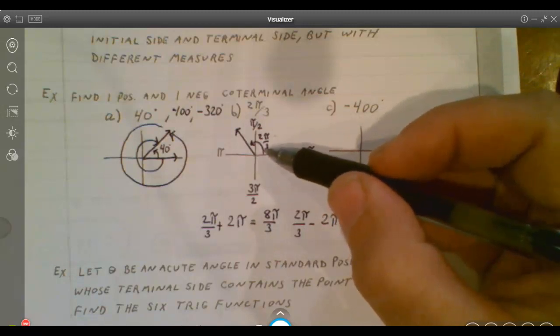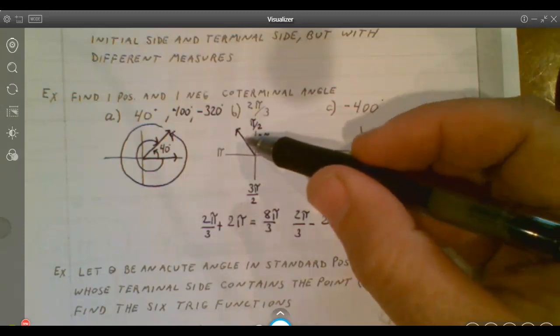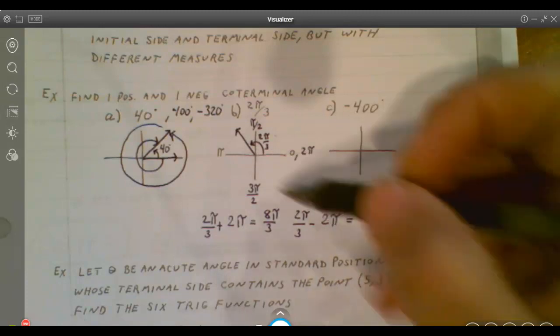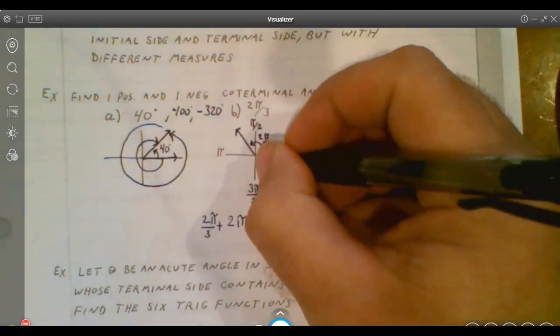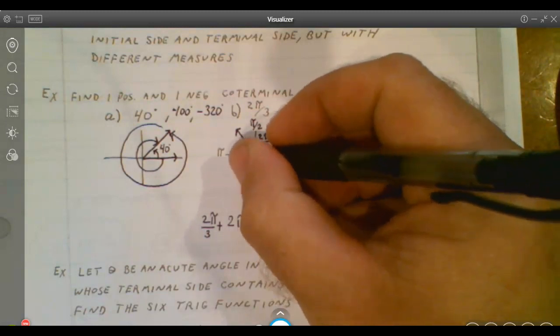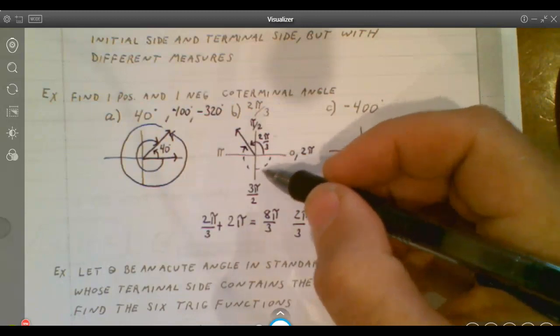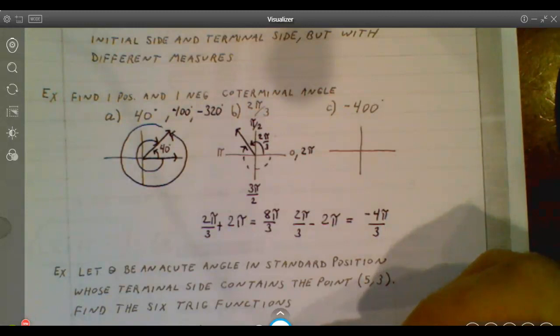It starts here, and it goes all the way around, and it would end right there. If I did negative 4 pi over 3, if I start here and travel this direction, the angle of that dotted path would be negative 4 pi over 3 for that angle.